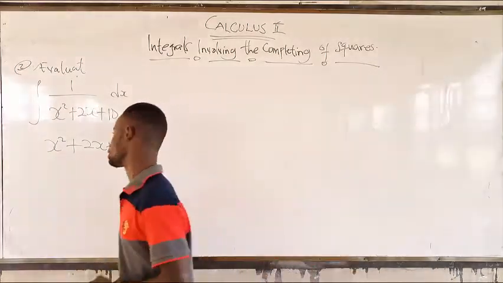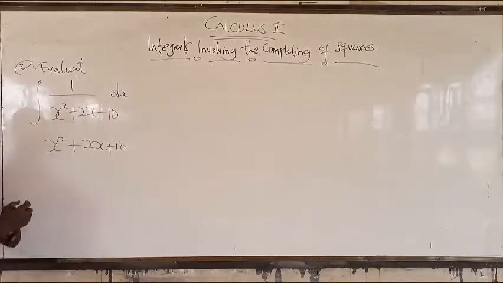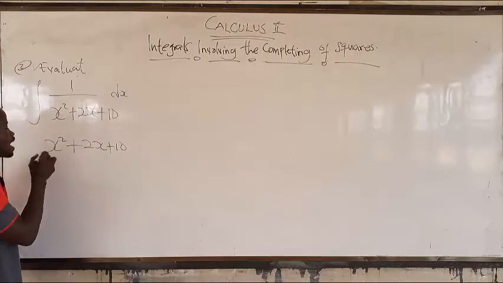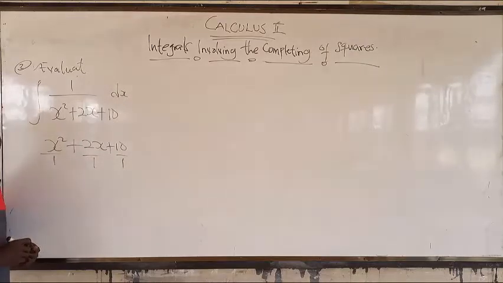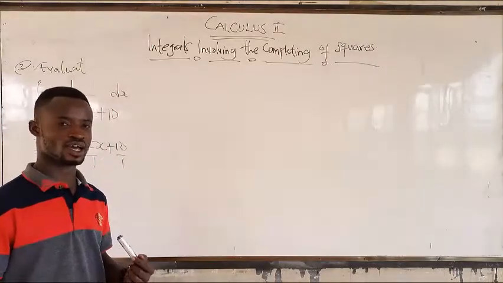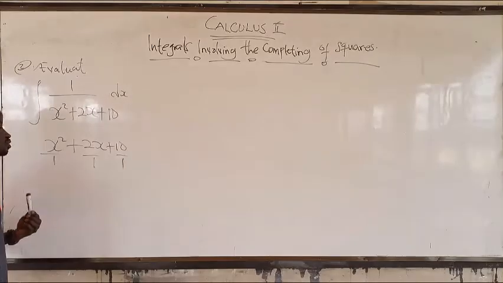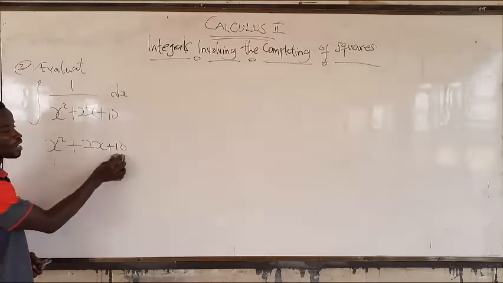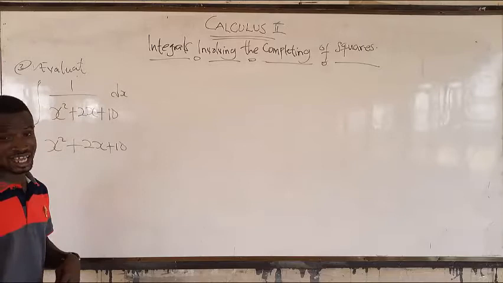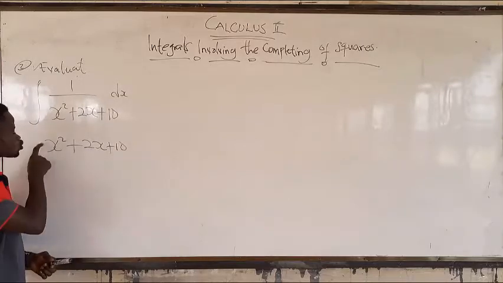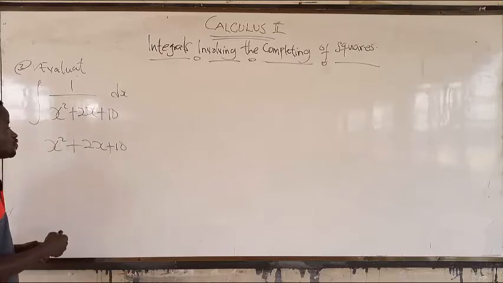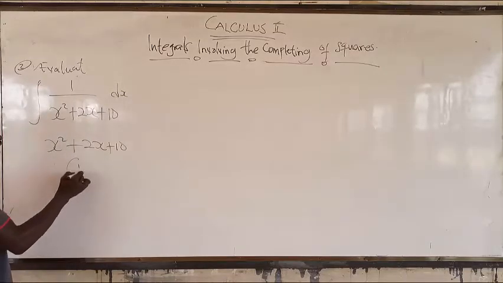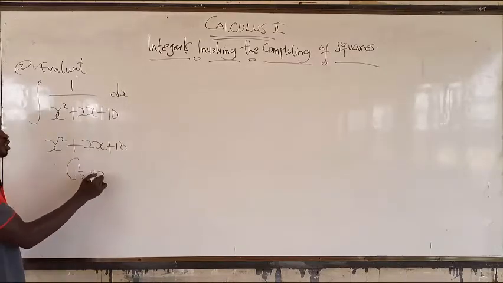Obviously, very good. So by completing the squares, make sure that the coefficient here, you divide by it. So here is 1, here is 1, here is 1. The reason why I don't write over 1 is that over 1 will not affect anything. But if it's 2, don't forget to bring it. If it's 3, don't forget to bring it. All right? Very good. Then you multiply half by the coefficient of s, which is 2.